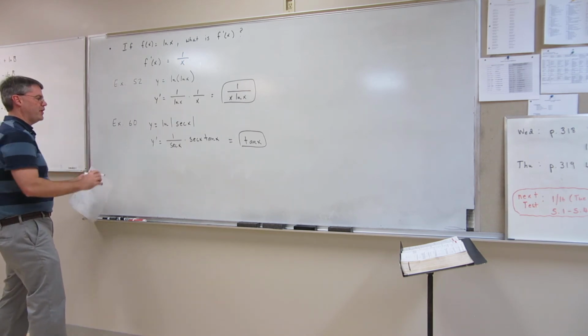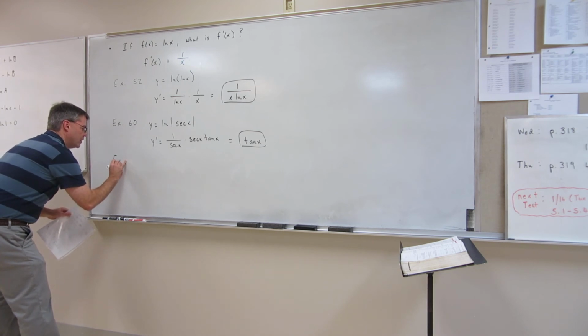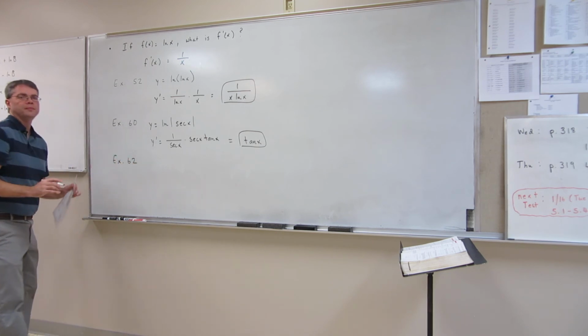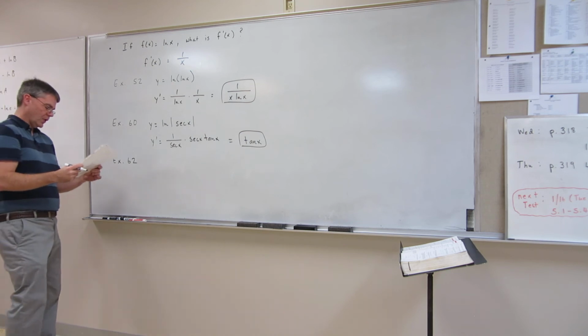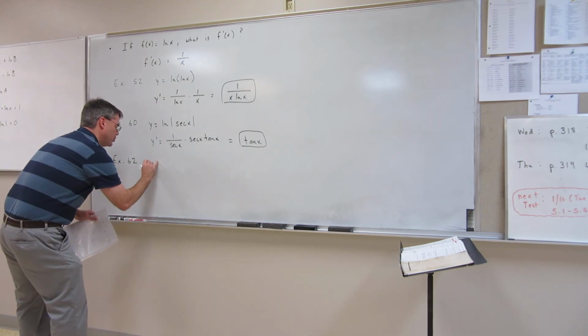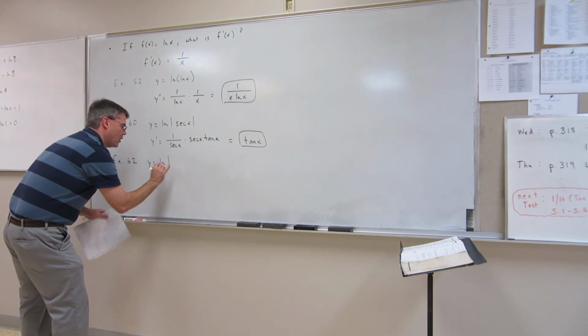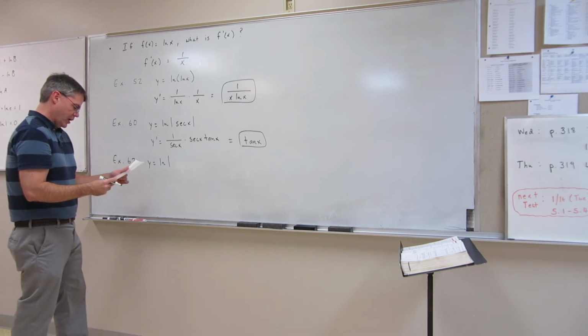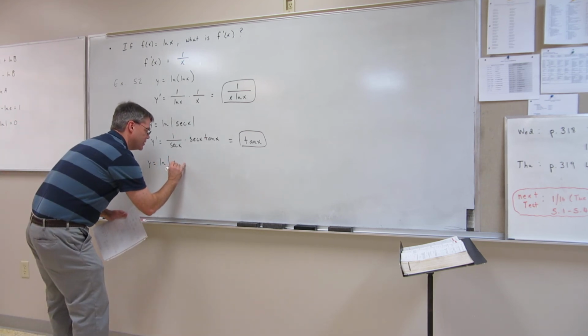Right, I think I can fit number 62 in here. We have y is equal to the natural log of the absolute value of secant x plus tangent x.